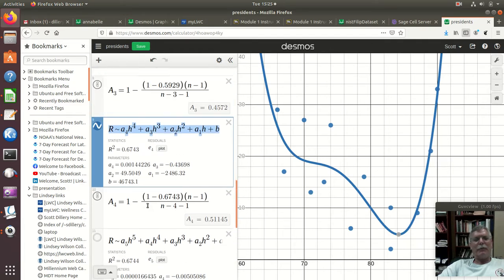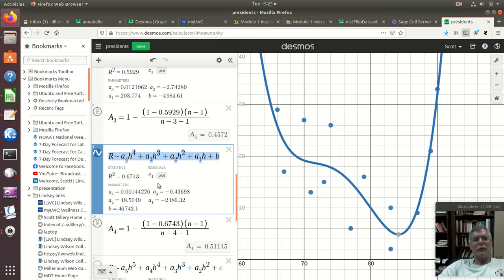Okay, and so probably on that sort of criteria, we should go with maybe the fourth degree polynomial to fit these data as not being an overfit, but at the same time fitting the data pretty well. We got clear up to, for our R squared, up to 67%.